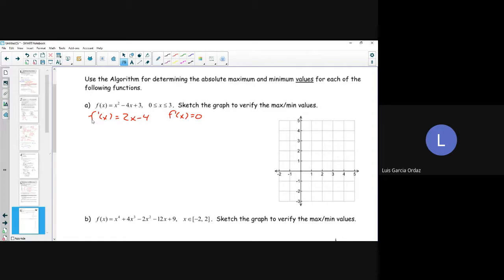This will tell me at what value of x my max or min is going to be located. So I get 0 is equal to 2x minus 4. I get 4 is equal to 2x, divided by 2 on both sides. I get x is equal to 2. Now I need to check if that falls within my interval. Does x equal to 2 fall in between 0 and 3?